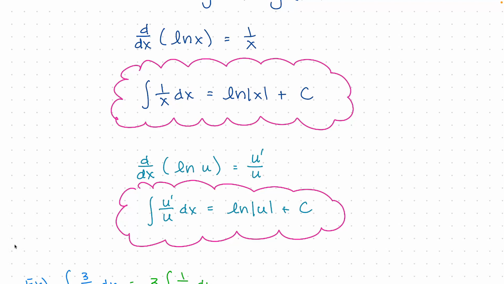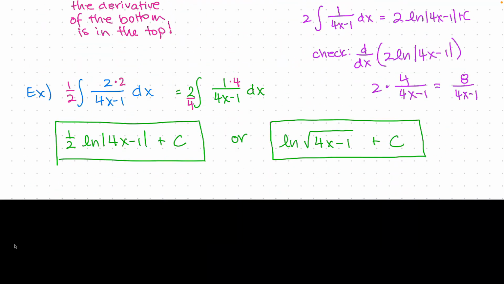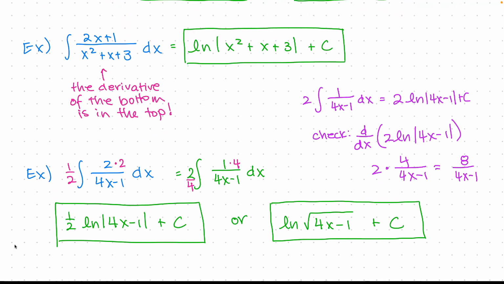But that's just because the derivative of the bottom is 1. So the derivative of the bottom is in the top. But on this one, the derivative of the bottom is 4. And that's not in the top. The derivative of the bottom has to be in the top to just say the natural log of the bottom.